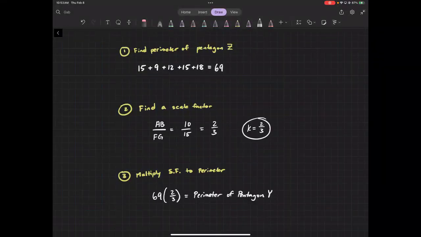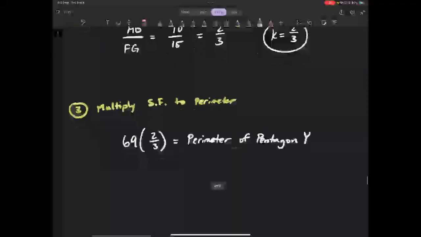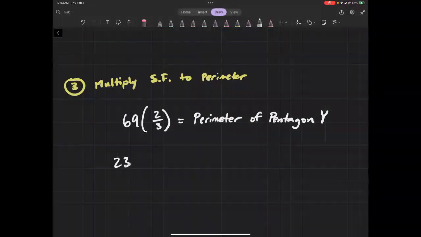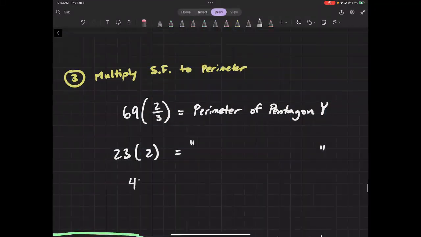What's 69 divided by 3? 23. So that's 23, and then 23 times 2. That's 46, right?